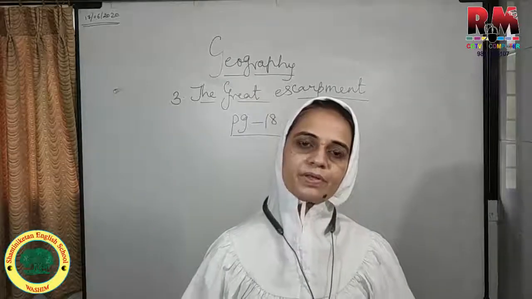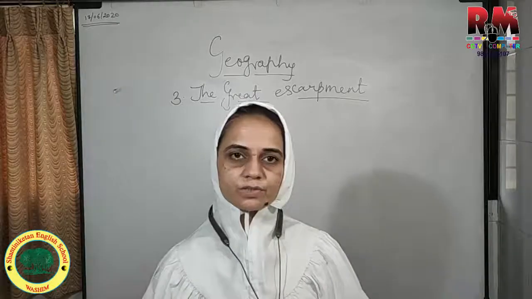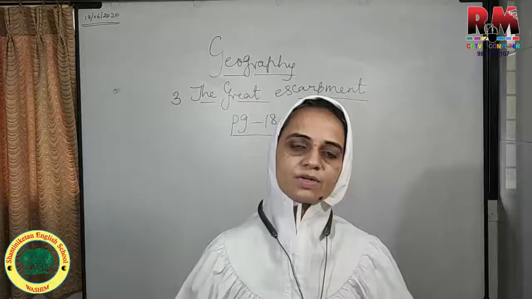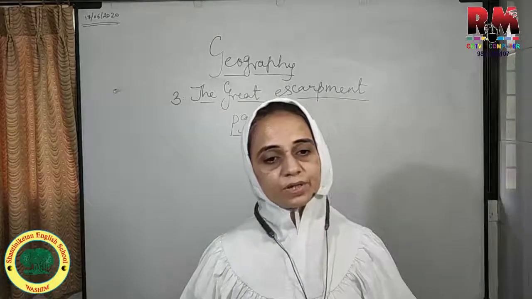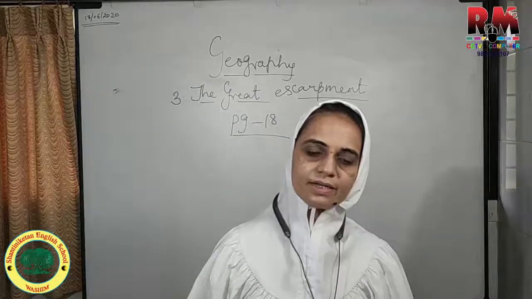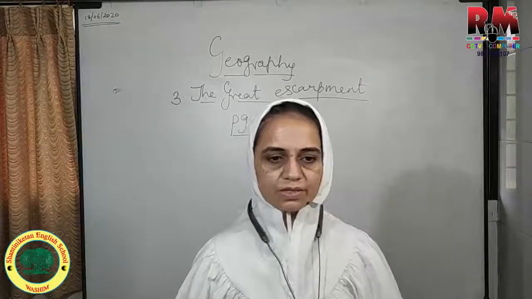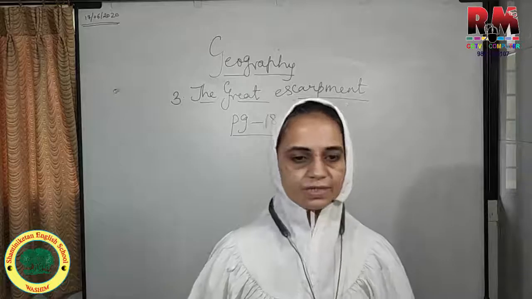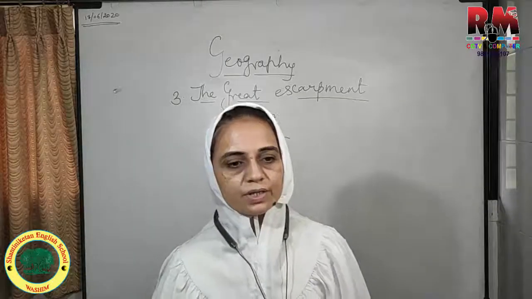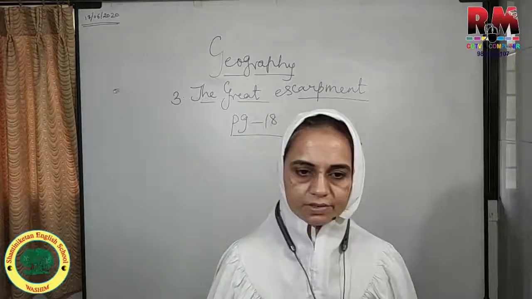Go to page number 15 and see figure 3.2, and you will understand how the Amazon plains are formed. Its width is larger near the Brazilian Highlands, very narrow eastwards, and then it merges into the Brazilian Highlands. Its width is minimum, 240 kilometers, where the Guiana Highlands lie.